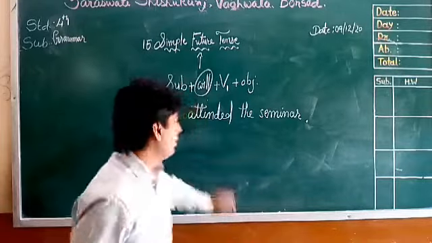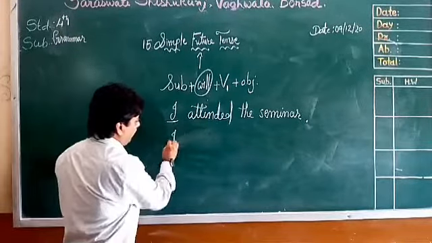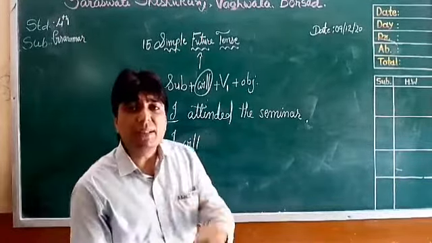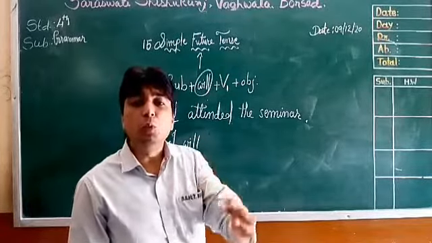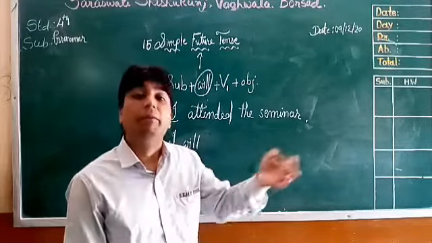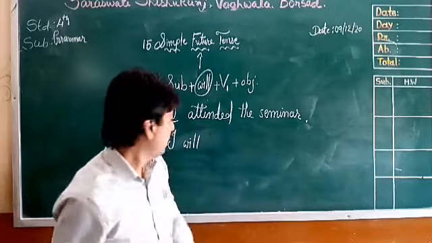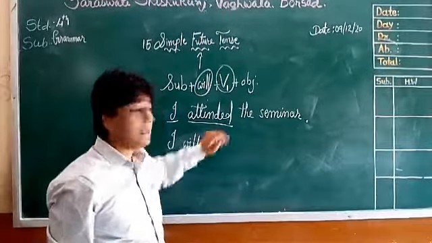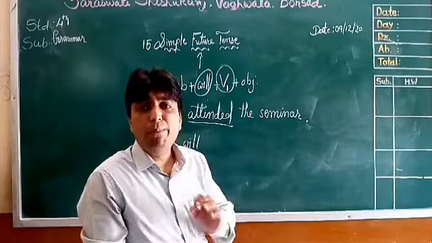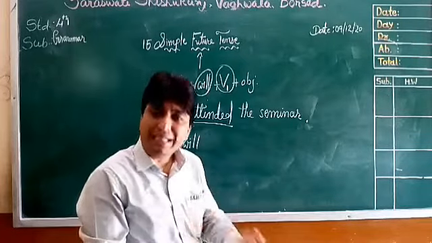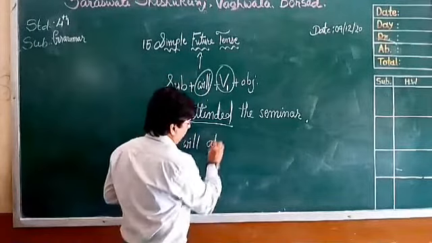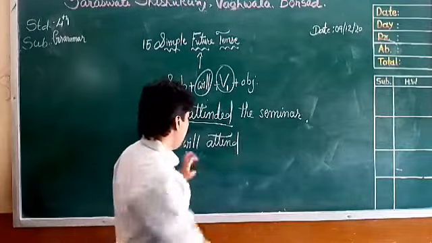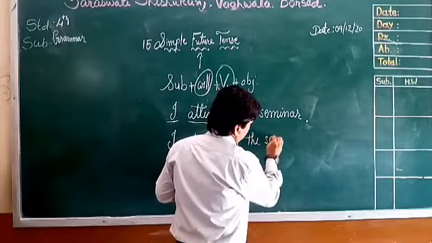What is the subject? I. Then what will be required? Will. Immediately after the subject, write down will. I will, you will, he will, she will, it will, we will, they will. So I will, then verb 1. But this is past tense, ed form, so what is the main form or present form of the verb? Attend. So I will attend. Object as it is: I will attend the seminar.